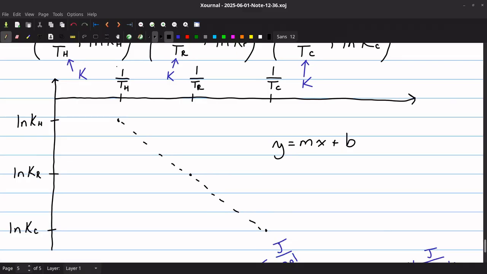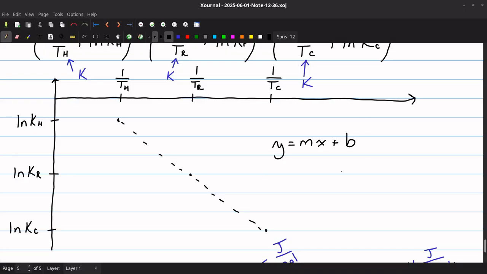So 1 over TH is going to be furthest to the left on X, and ln KH should be the highest one up here. And we're going to get a plot that roughly looks like this. It may cross the x-axis here and become positive, though. That's perfectly reasonable as well, depending on our data.